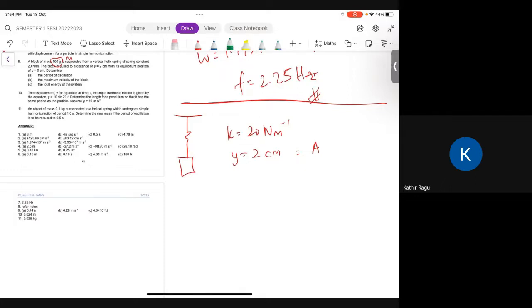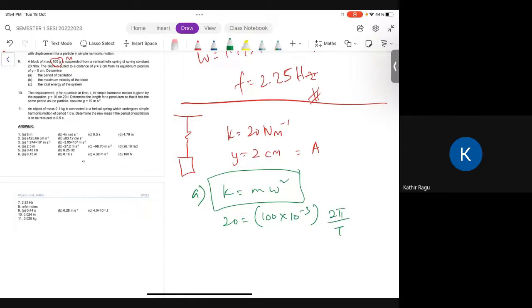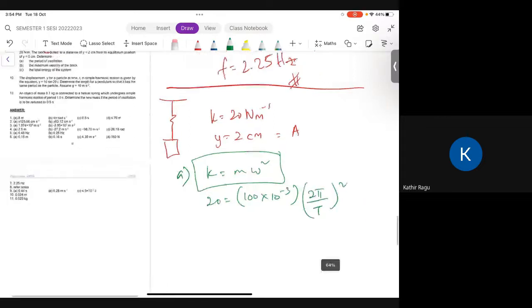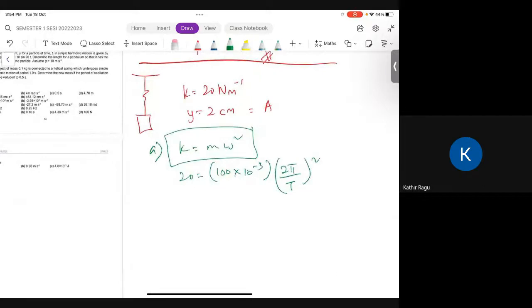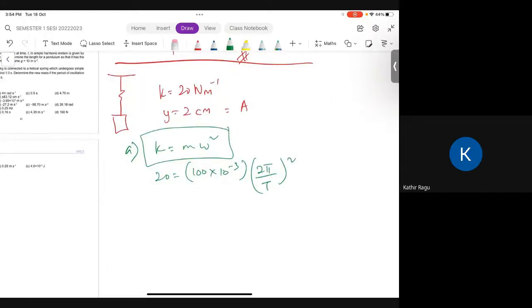So what the formula of period? So yang ini memang kena guna k = m omega squared tu lah. Yang ini pun tak bagi dalam exam, dia kena hafal. So k 20, mass adalah 100 gram, so times 10 negative 3. So omega adalah 2 pi over T, but then you need to square lah, sebab we want to find T. Okay, macam mana nak buat ni? Kita rearrange lah.